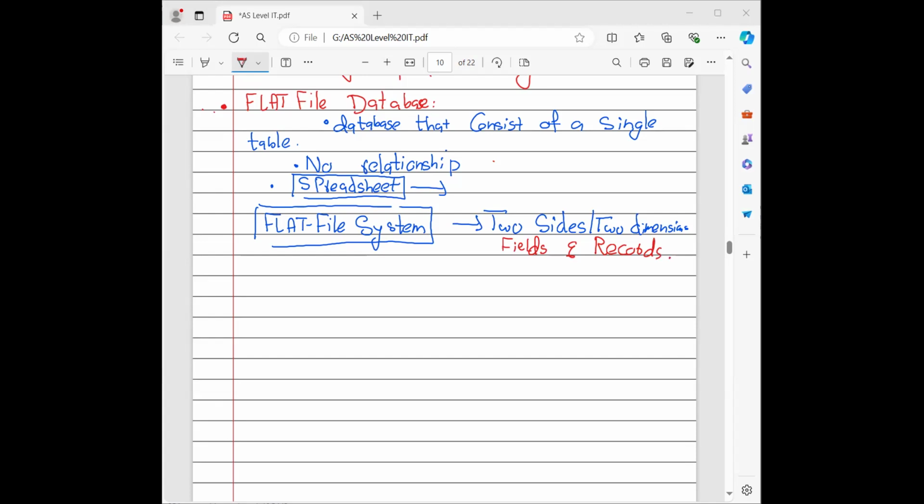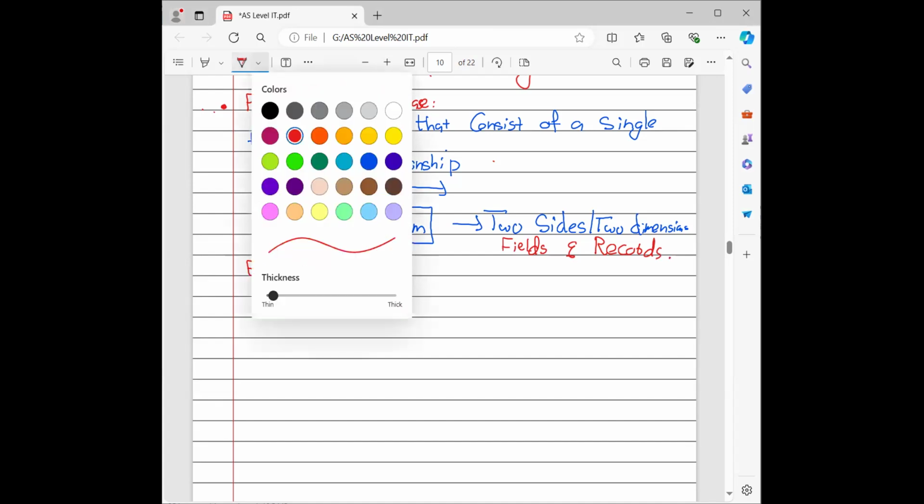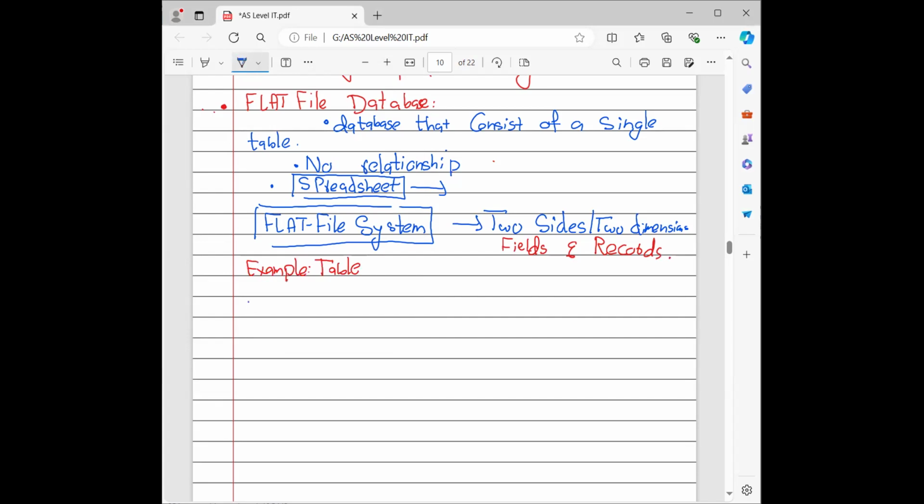For example, I can give you an example of a table right here. If I have a table, into that table I have an ID, a registration number, a registration year, and the mode of transmission.